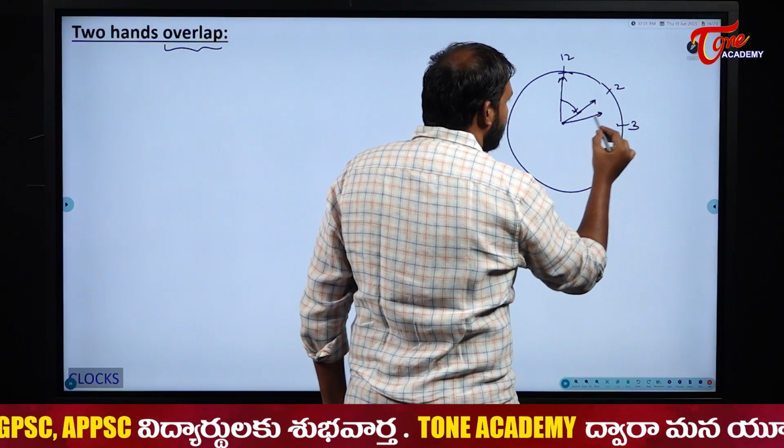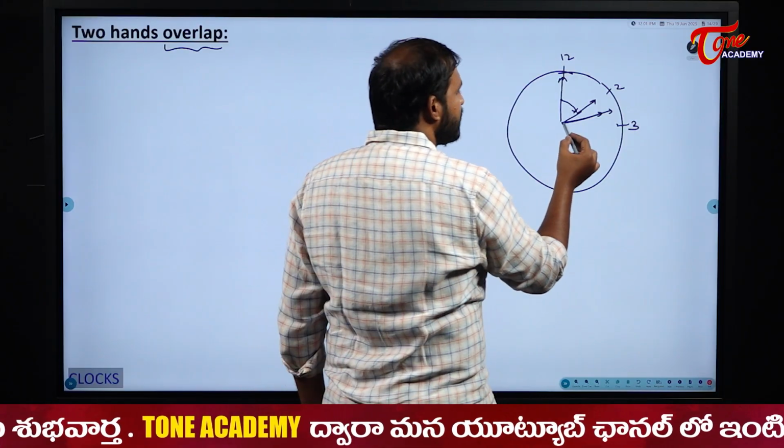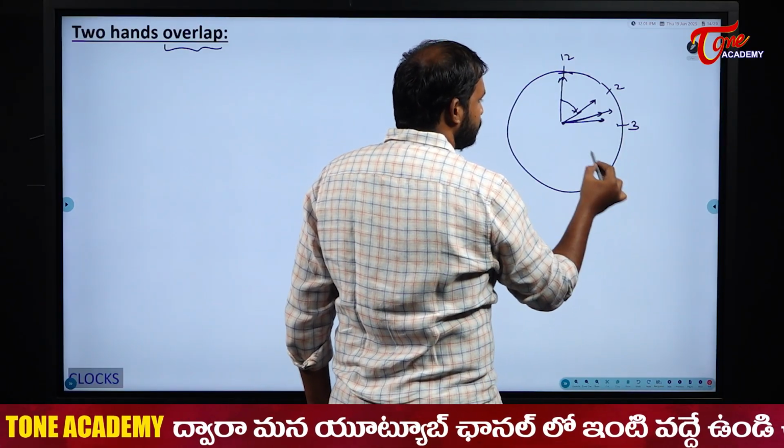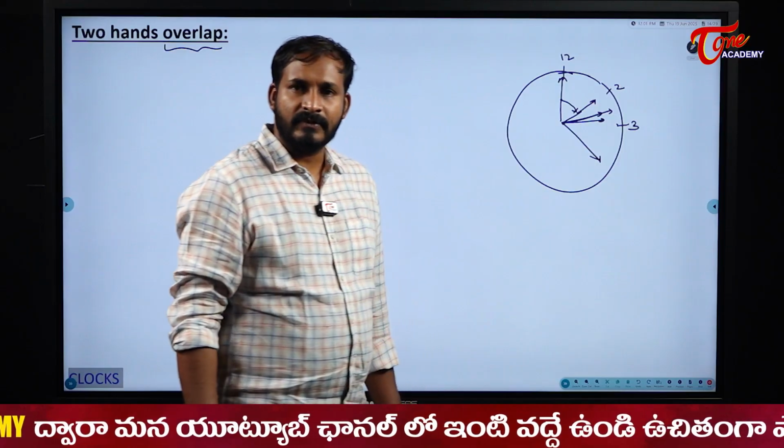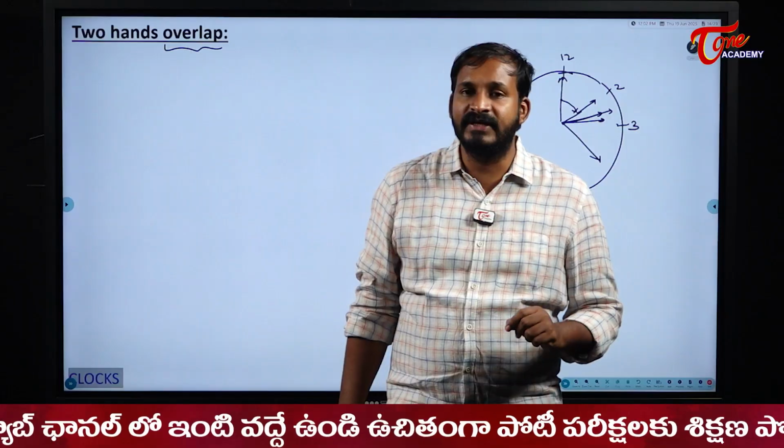At some point of time, my hour hand and minute hand will be one over the other. And then after some time, once again, both will get separated. So when they are overlapping, what is the angle between them?